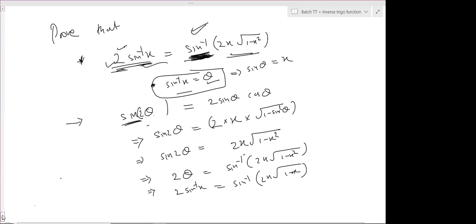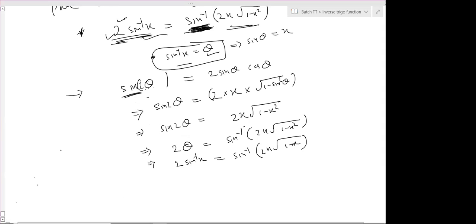Last question of this topic. Cot of tan inverse A plus cot inverse A. What is the answer here?